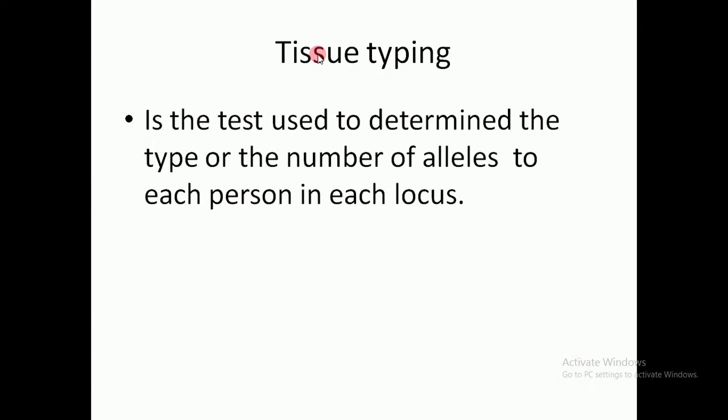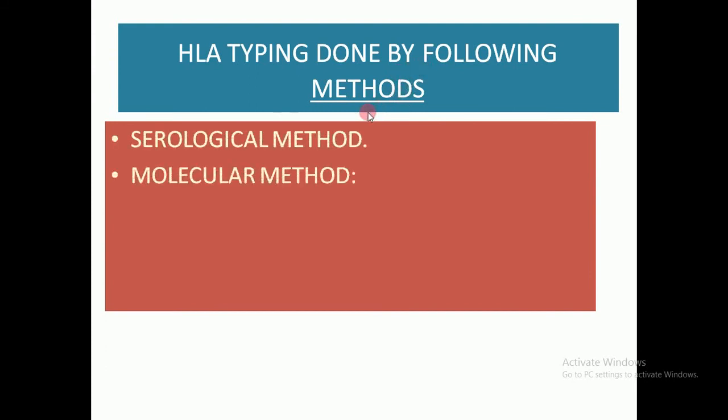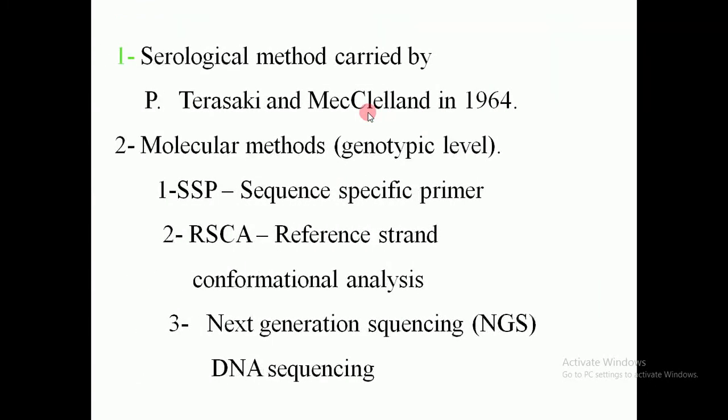Now the new subject is tissue typing. What is tissue typing? It is a laboratory test used to determine the type or the number of alleles of each person in each locus. HLA typing is done by the following methods: serological method and molecular method. And the molecular method is of two types, low resolution and high resolution.